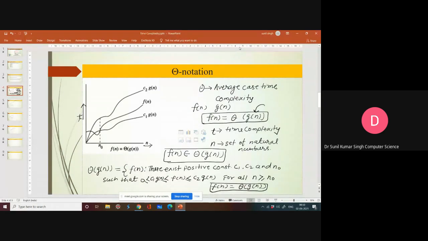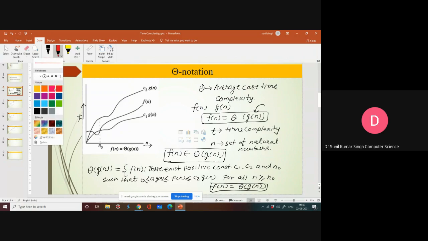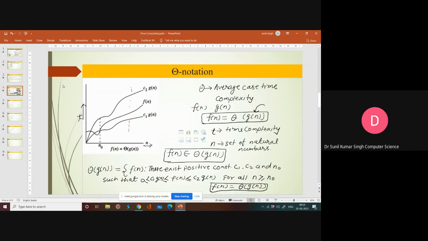Now you can see, if we look at a particular position, I mean value of n, maybe here, this range is going to contain some set of values, and f(n) is lying somewhere in between these two boundaries, c1 g(n) and c2 g(n).